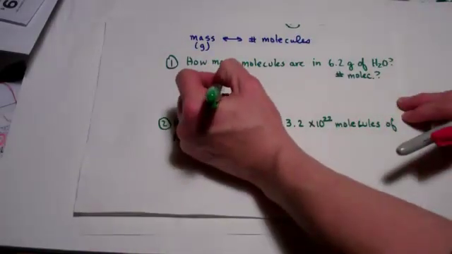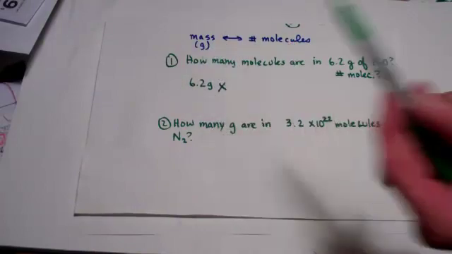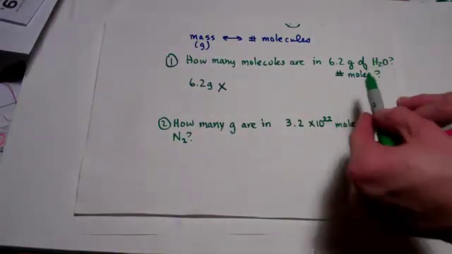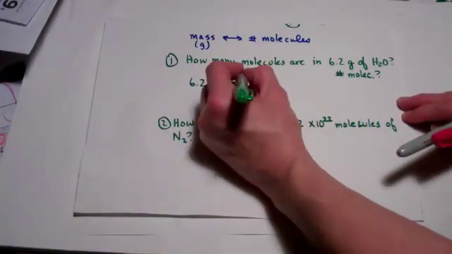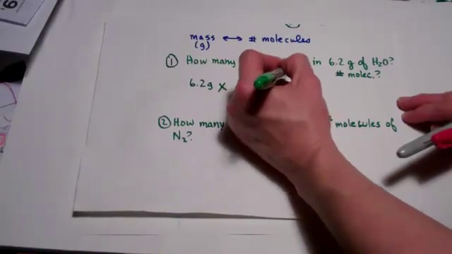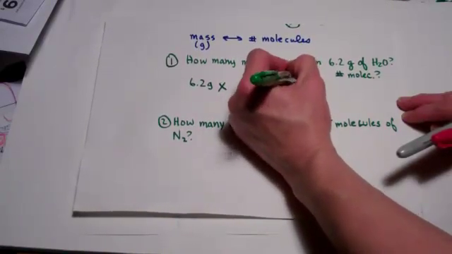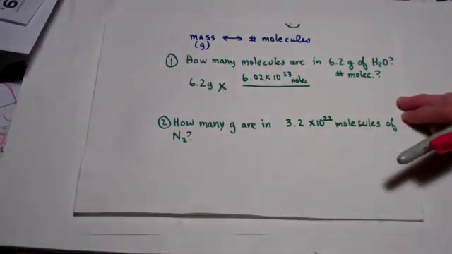So we know we need our conversion factor. So do we want molecules or grams on top? We want to get molecules, so we want number of molecules to be on top. And we know the molecules are 6.02 times 10 to the 23rd molecules in essentially the molar mass of our compound.